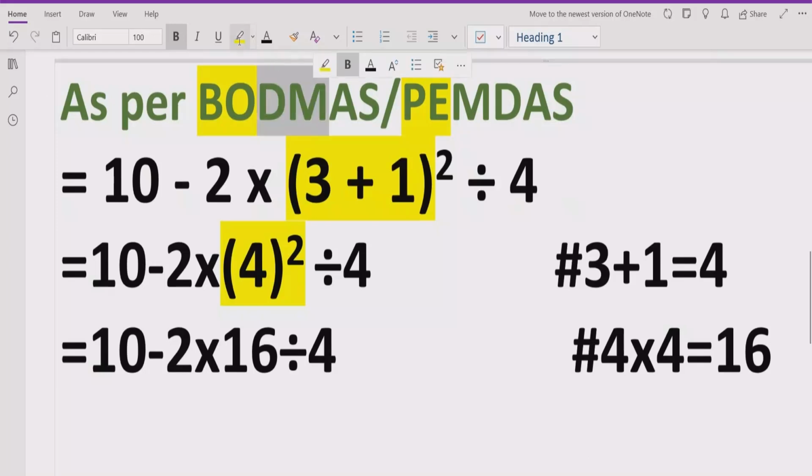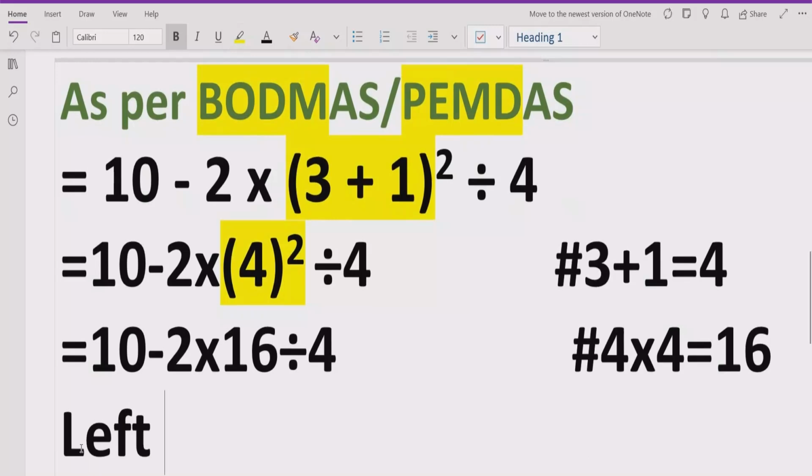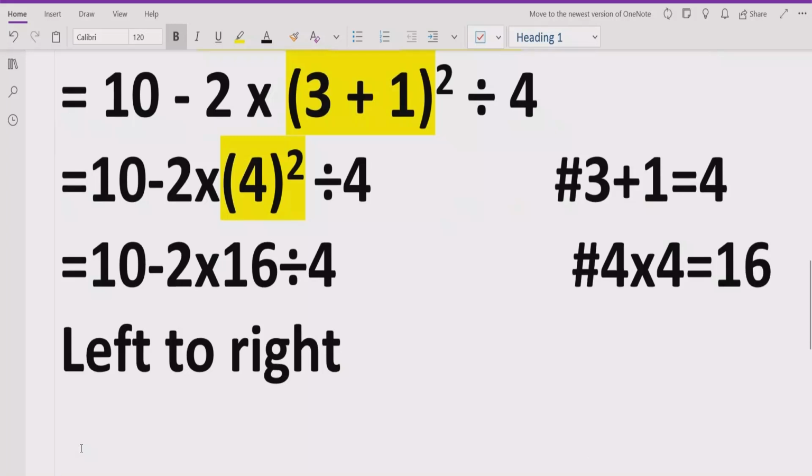Now for division and multiplication, or multiplication and division. So here we have to solve this one. What we have to do is go left to right. Either you are using BODMAS or PEMDAS, the rule is the same. You have to go left to right. 10 minus 2 multiplied by 16.